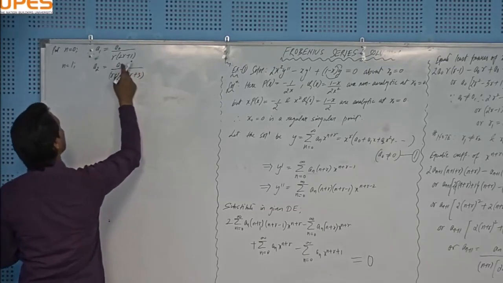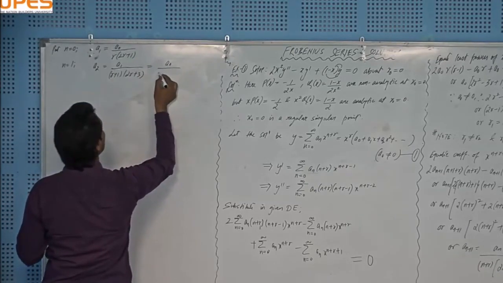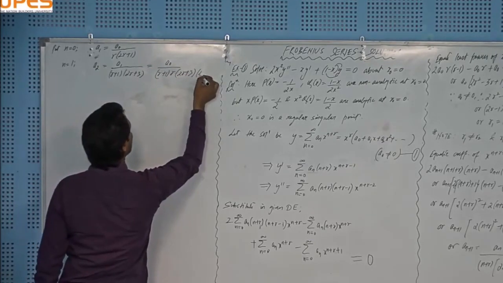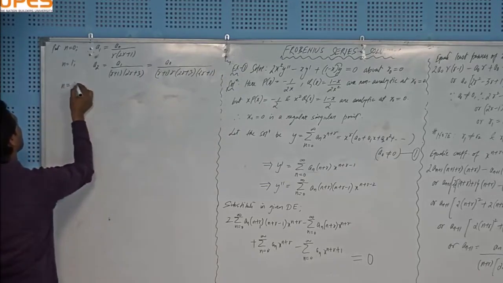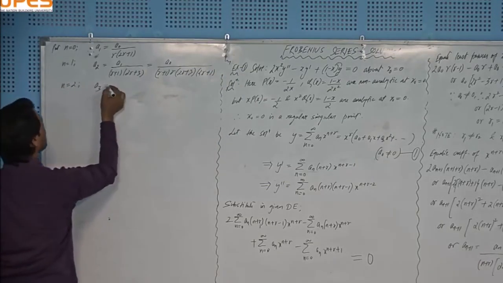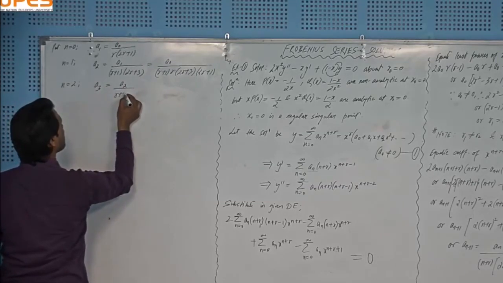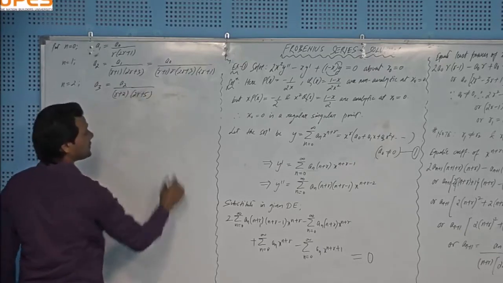And since I already have a1, I will substitute it here. That will give me (r+1)(2r+3)(2r+1), right? And putting n equal to 2, I will get a3 equal to a2 divided by (r+2)(2r+5), right?